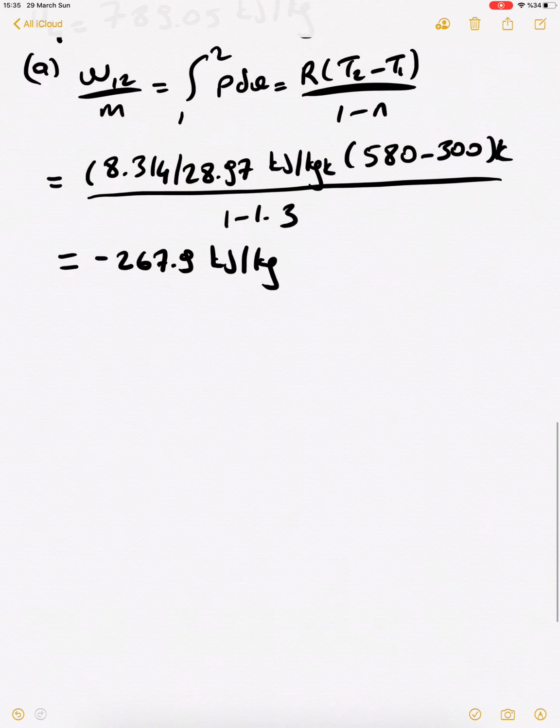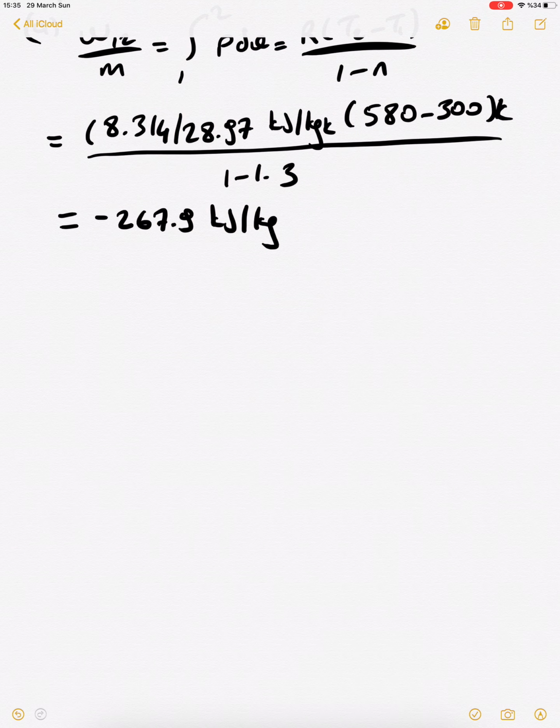the system. So if you perform an energy balance, Q12 per unit mass equals U2 minus U1 plus W12 per unit mass.